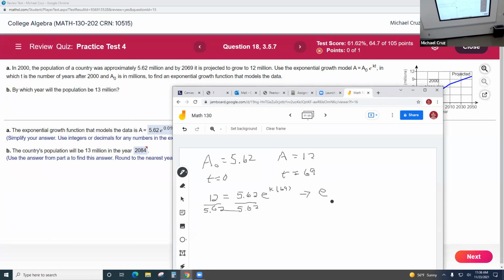So that's e to the 69 k is equal to 12 over 5.62. And then we take the ln of both sides. Which I'm going to leave it like that for right now, just to have the accuracy.